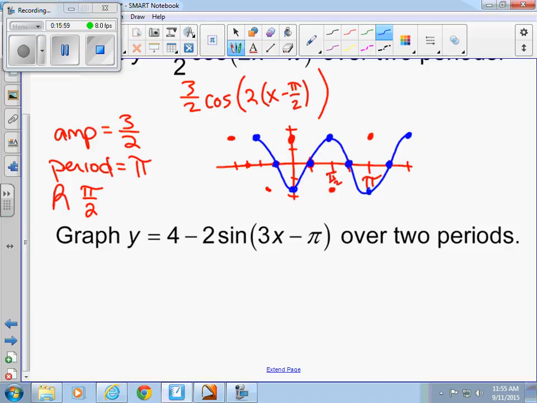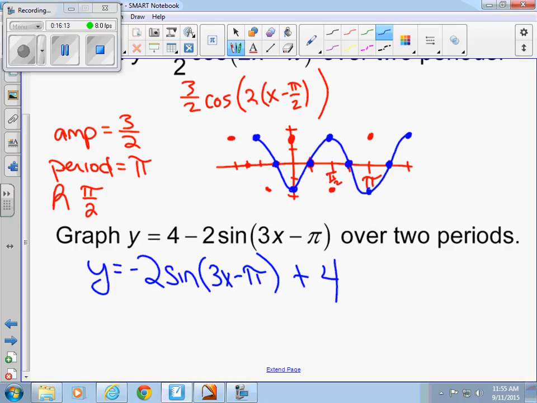It has an amplitude change, a period change, a phase shift, and a vertical shift. So we've got a lot of stuff going on.